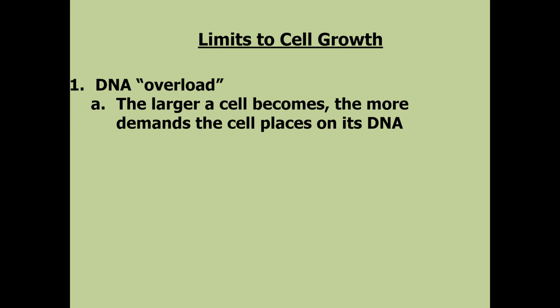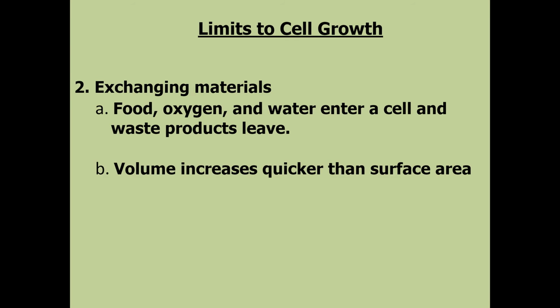So DNA overload is basically when the cell gets too big, the DNA is overloaded. It places too many demands on the DNA, so it stops growing, as well as exchanging materials like food and oxygen. It will stop growing eventually. It will not be an exponential growth.